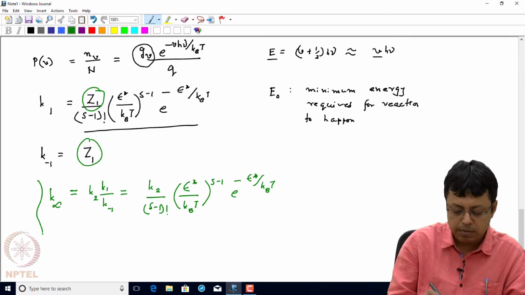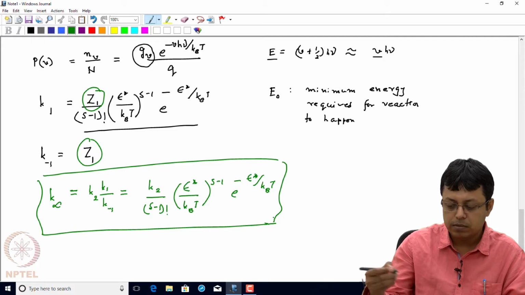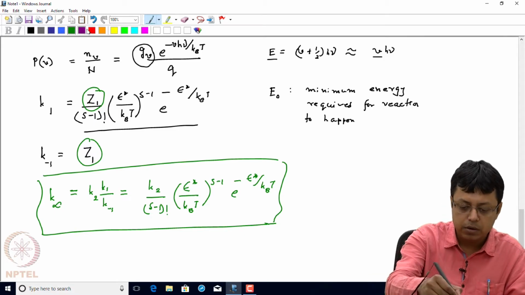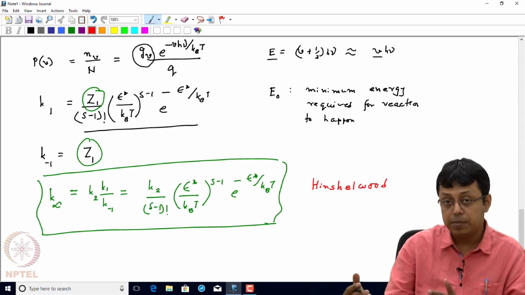Now this was basically the Hinshelwood treatment, or Hinshelwood equation, where he showed the rate of unimolecular reaction at the very high pressure limit.